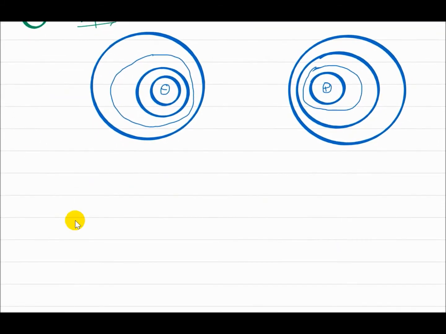Fourth one is for two equal charges. So we have a positive charge here, we have a positive charge here.